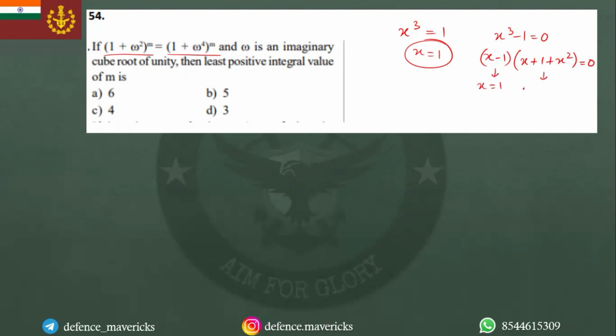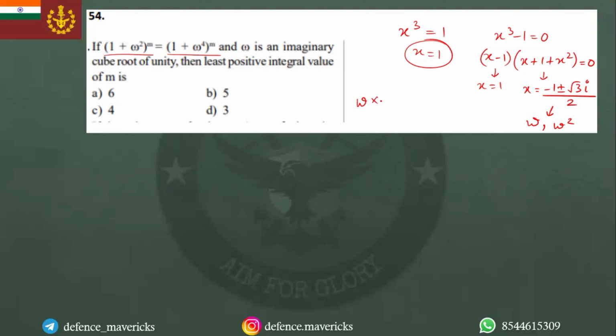But if you solve this quadratic, you will get something like this. One of these numbers is called omega and the other is called omega square. If you take minus 1 plus root 3 i by 2 as omega, then the one with the minus sign will be omega square. Now one beauty about omega is that omega is a cube root of unity.